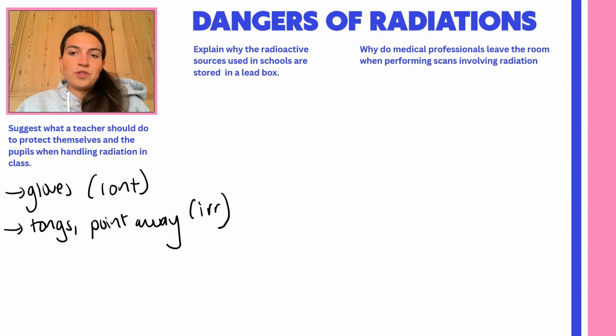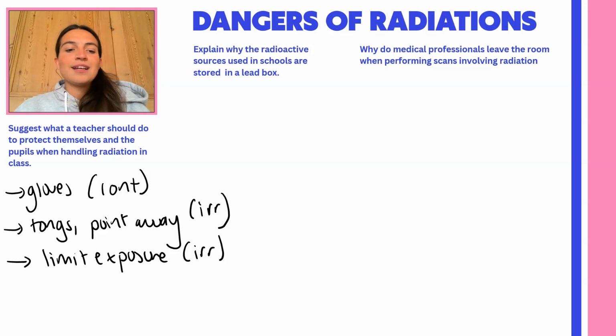This helps to protect you from any kind of irradiation from the source. Next, limit the time that you are exposed to the source, so do not use the source over a long period of time, and put it back in its box quite quickly after they've finished demonstrating whatever they need to demonstrate.